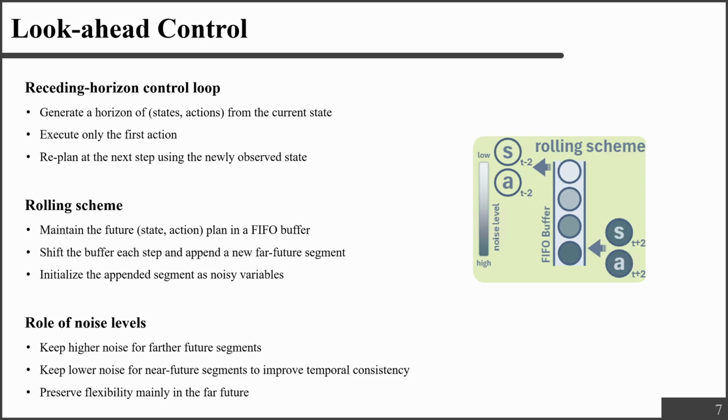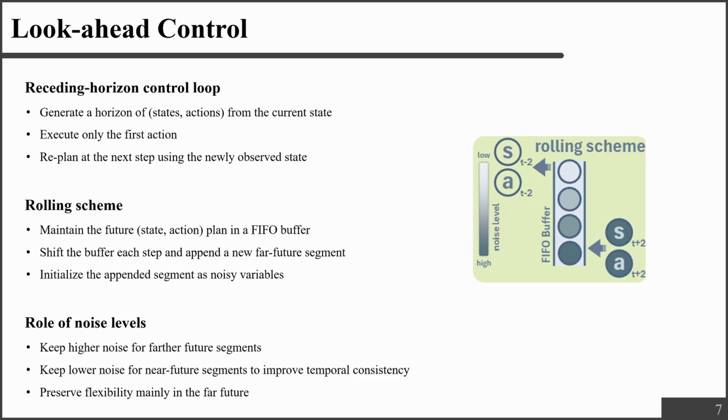The rolling scheme addresses this by maintaining a first-in, first-out buffer of the future plan. Each step, the buffer shifts forward and only a new far future segment is appended. That appended segment starts from a noise initialization.